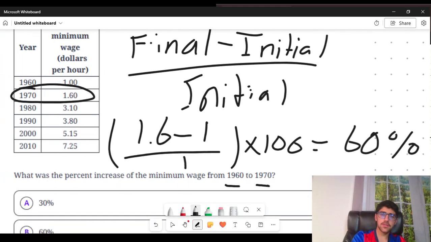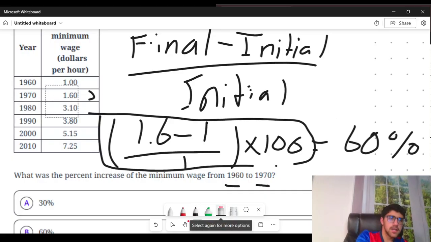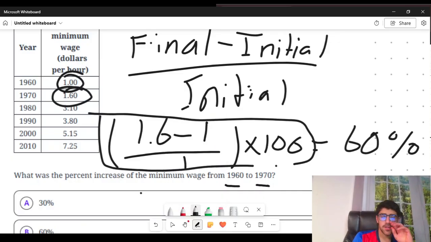You could put it into decimals to get the 60%. But technically for this question, because the first value was 1.00, and then it went to 1.6, you could have just said it went up 60%.